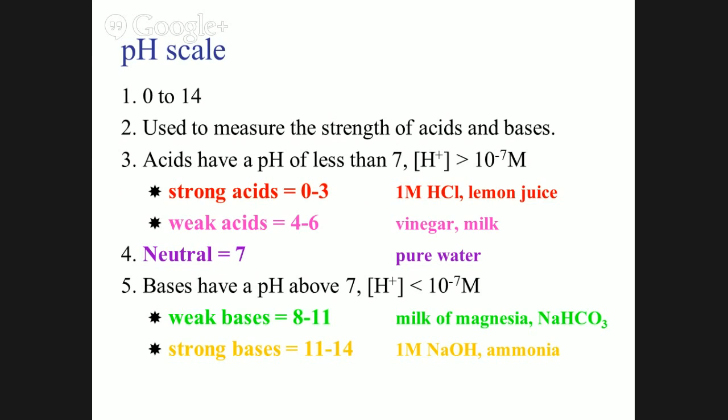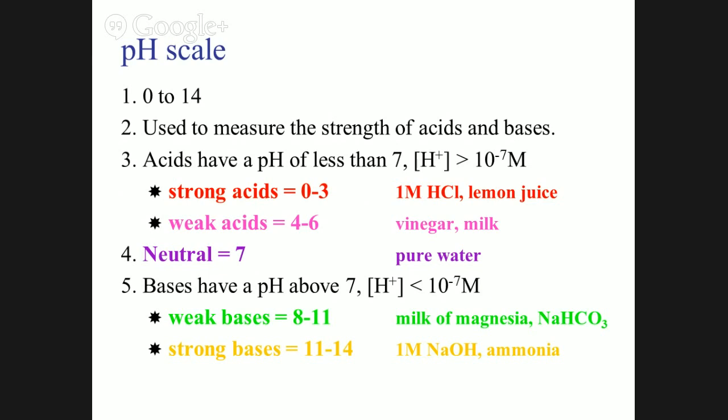Now, please note, of course, these are just the whole numbers. So if I said it was 6.5, that would still be a weak acid because neutral is 7. So any number that's less than 7, 6.5, 5.2, whatever, would be still an acid. Any number above 7, so 7.3 would be a weak base because it's still above the 7.